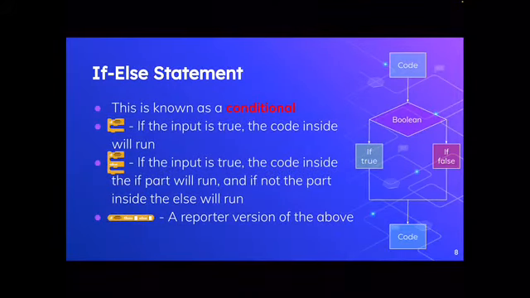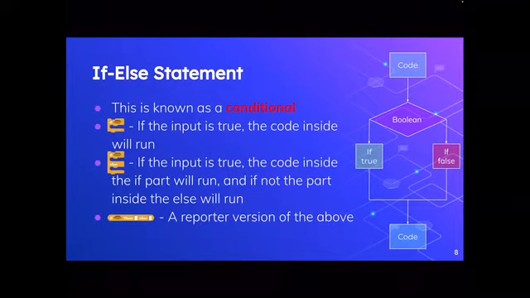Okay, so let's actually take another look at if-else statements. So this is known as a conditional. So if we have some code, we might want to do something like execute this segment if something happens or something along those lines. So we have some blocks for that.